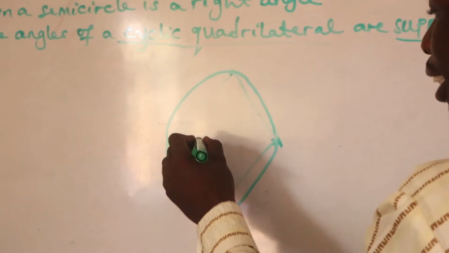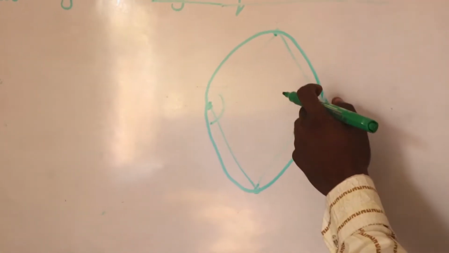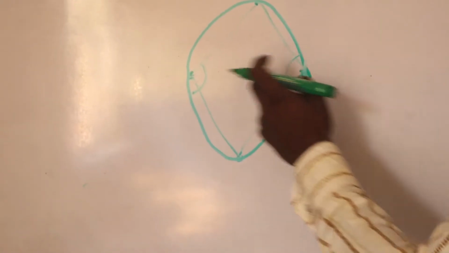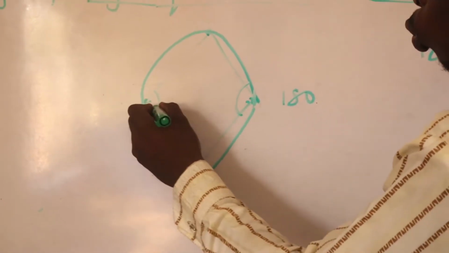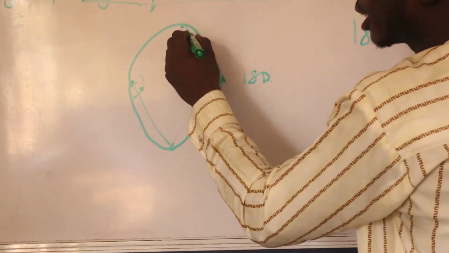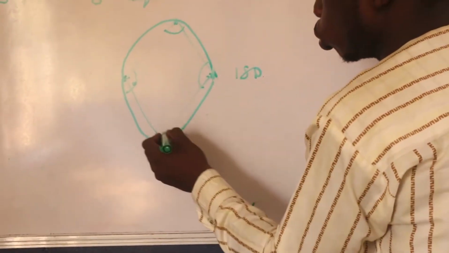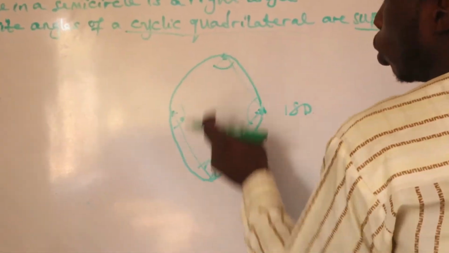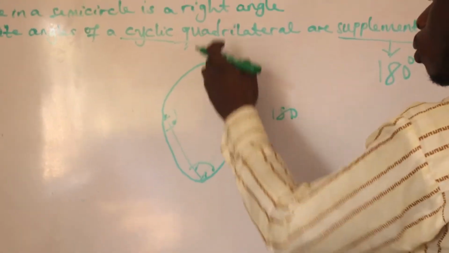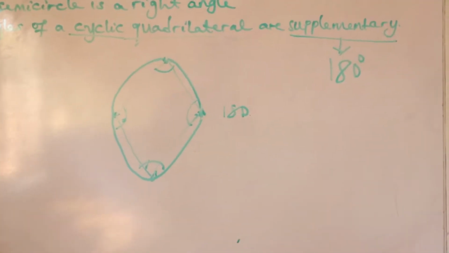Opposite angles in the sense that they face each other. The opposite angles add up to give us 180 degrees. So if you add these two, you must have 180 degrees. The same thing here. If you add these two, you must have what? 180 degrees. Opposite angles of a cyclic quadrilateral are what? Supplementary. They add up to what?